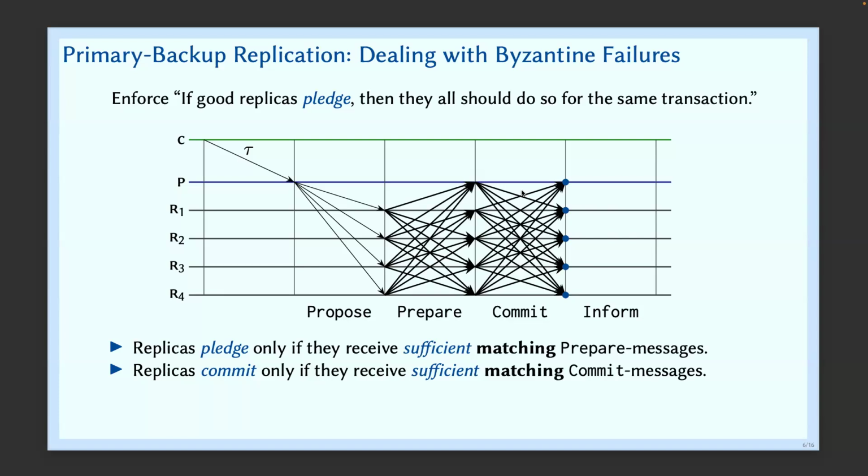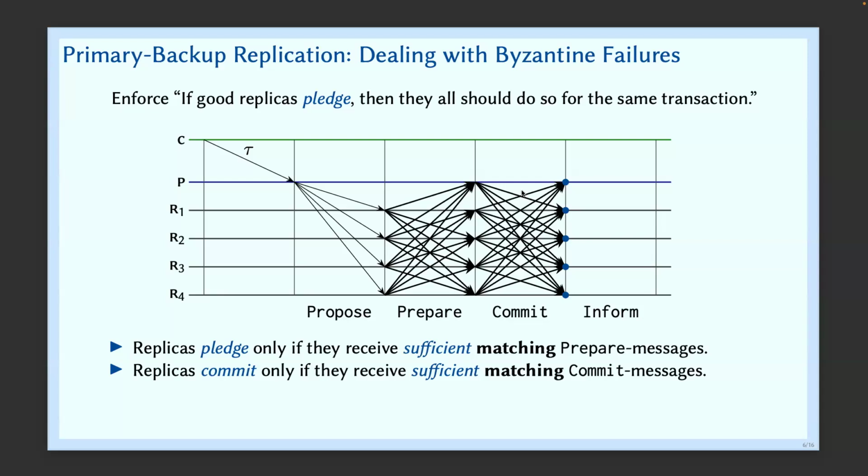So would it be sufficient to have just one honest replica tell the client? What does one honest replica translate to? f+1. Because the client has to count at least f+1. As long as one honest replica reaches the commit state, it means enough people were locked, enough people are prepared, their 2f+1 are prepared.